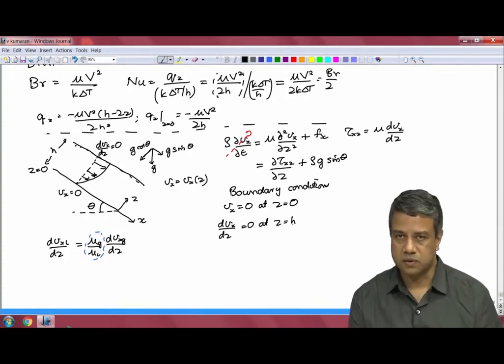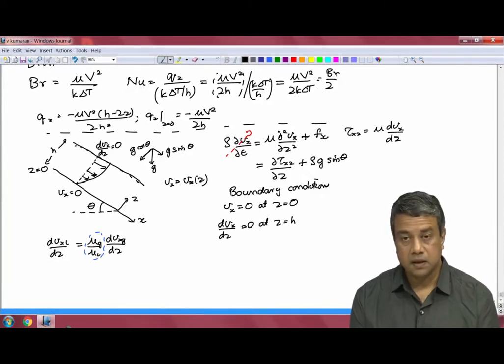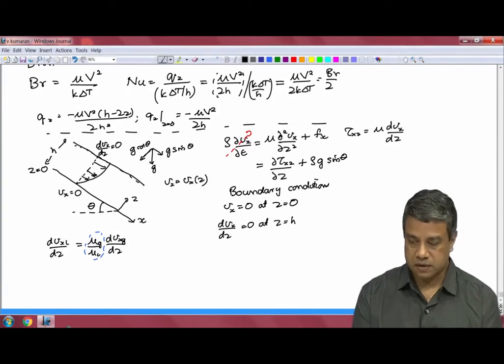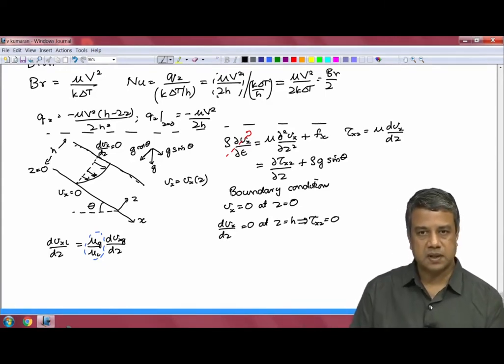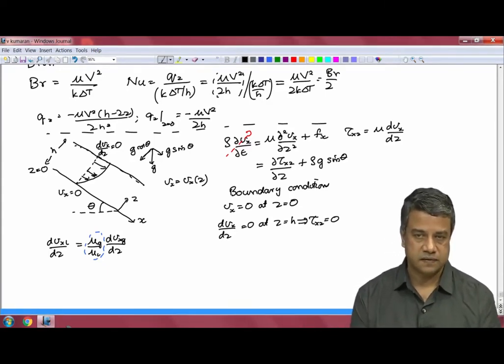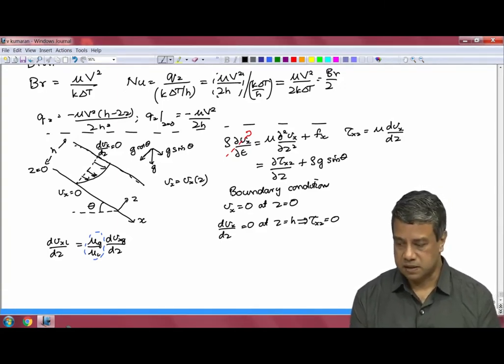Those are the two conditions in this case. dVx by dz equal to 0, from Newton's law, also implies that tau xz is equal to 0. That is, you have a 0 stress condition at the top surface and the 0 velocity condition at the bottom surface.